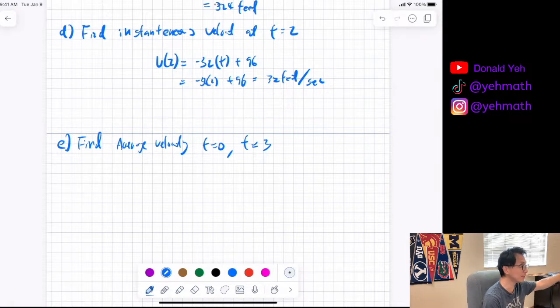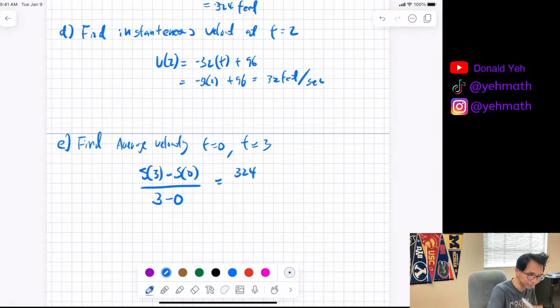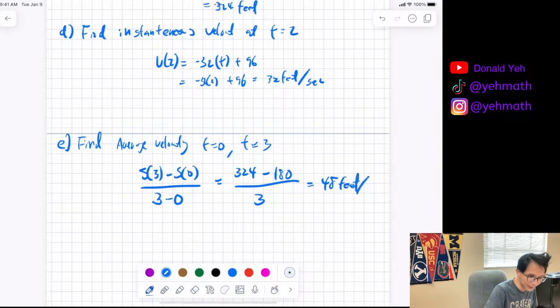You want to plug in the position equation. It's s of 3 minus s of 0 over 3 minus 0, which is 324 minus s of 0, which is 180, over 3. So that's roughly about 48 feet per second.